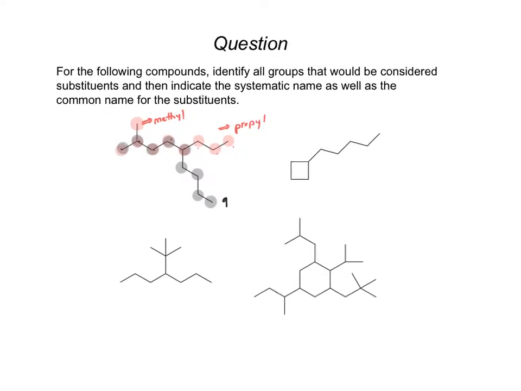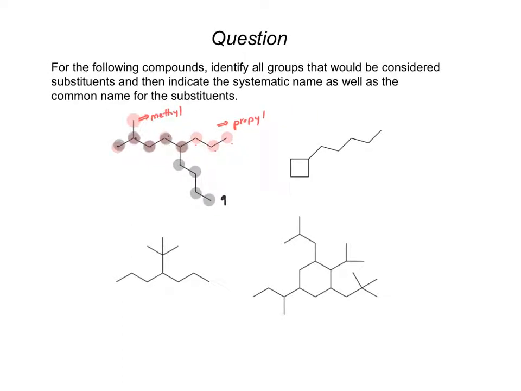Okay, next one, we've got a couple of different things here. We've got a ring that has 1, 2, 3, 4 carbons, so a 4 carbon ring. But then we have a branch off that with 1, 2, 3, 4, 5 carbons. So this is one of those things of who wins with respect to a ring.